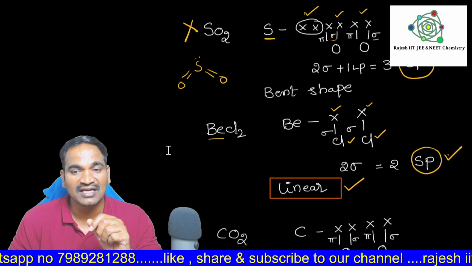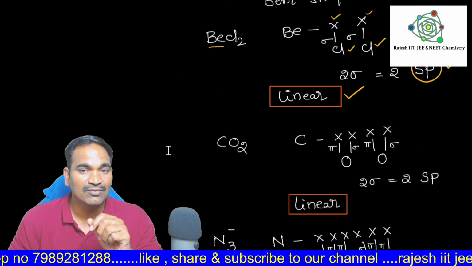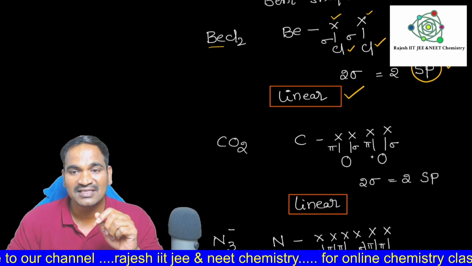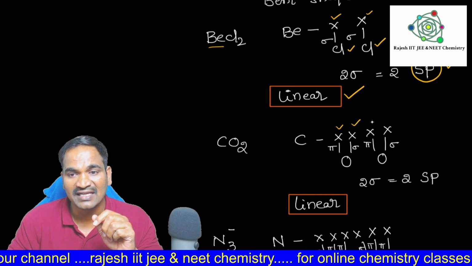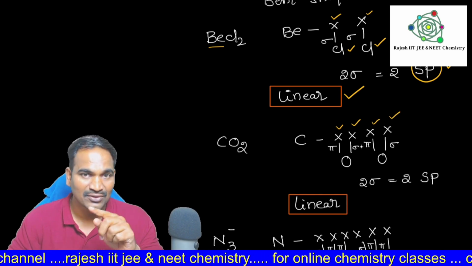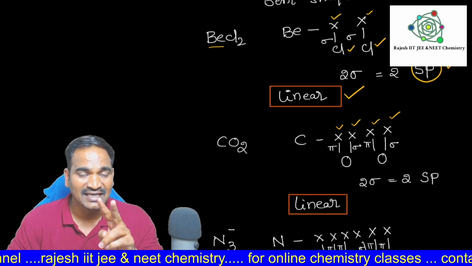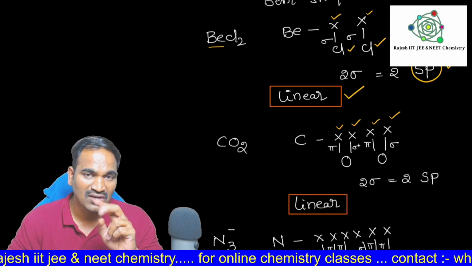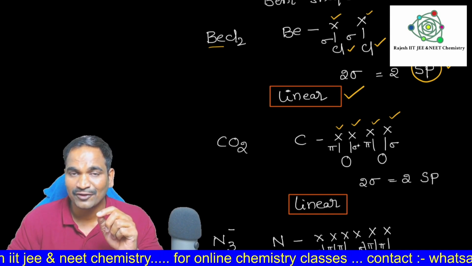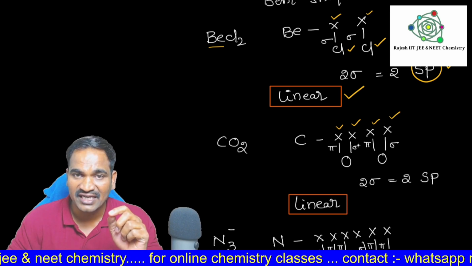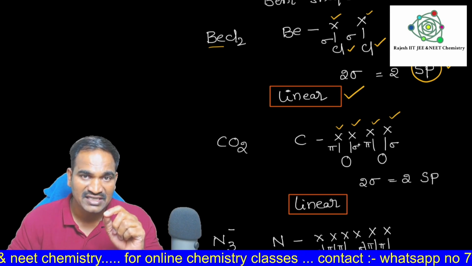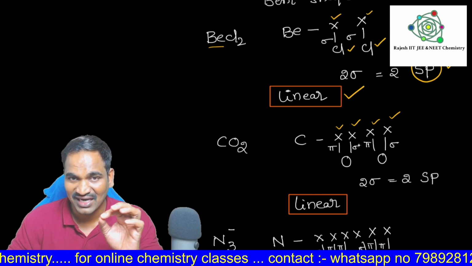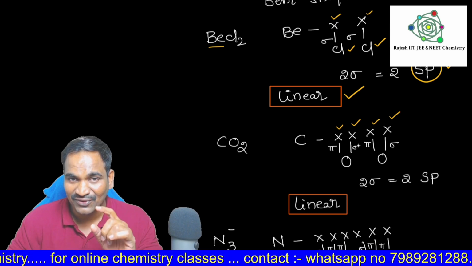Now go to the next one, CO2. The central atom in CO2 is carbon. This carbon has 4 valency electrons; I wrote 4. And how many oxygens are bonded to this carbon? 2 oxygens are bonded. You already know each oxygen can form 2 bonds, one sigma and another pi.